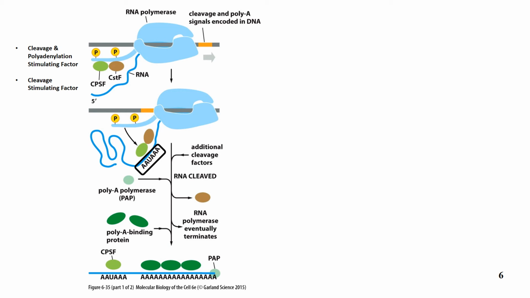These enzymes cleave the mRNA, and another enzyme, poly-A polymerase, will hop onto the cleaved end of that mRNA and begin adding adenosine ribonucleotides to that cleaved 3' end, thereby creating the poly-A tail.